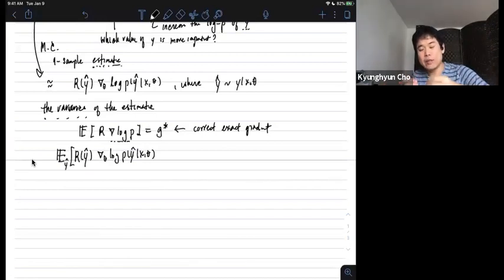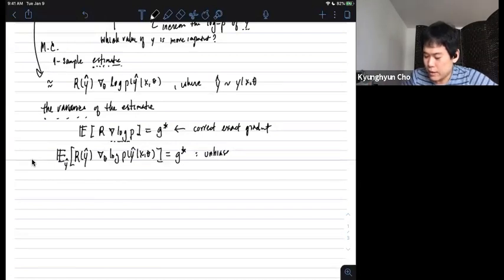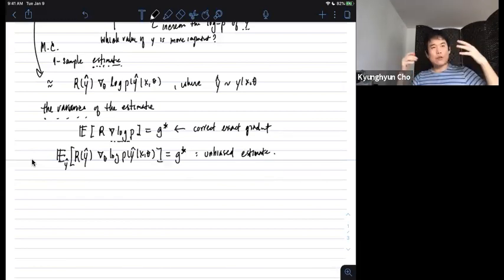Then I can look at the expectation of it, and this is going to be G star as well. So this is telling me that this is an unbiased estimate. If you compute this one sample estimate over and over, then on expectation you're going to compute the exact gradient. That's what is meant by the unbiased estimate.